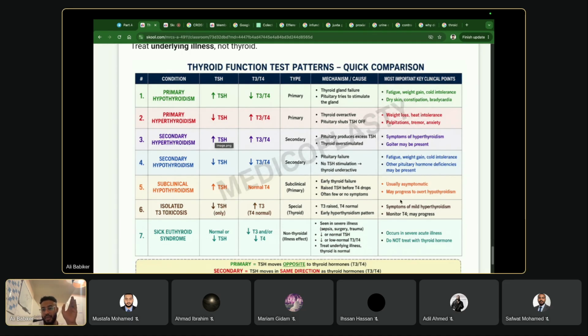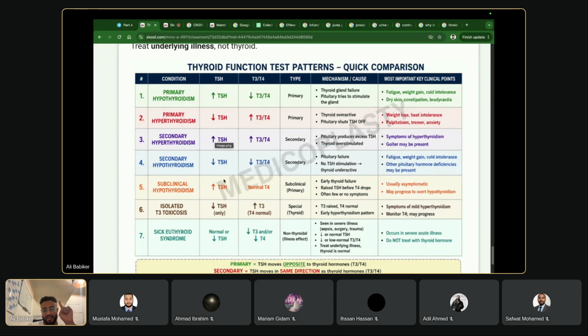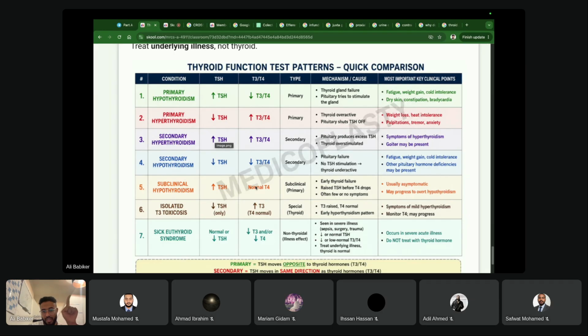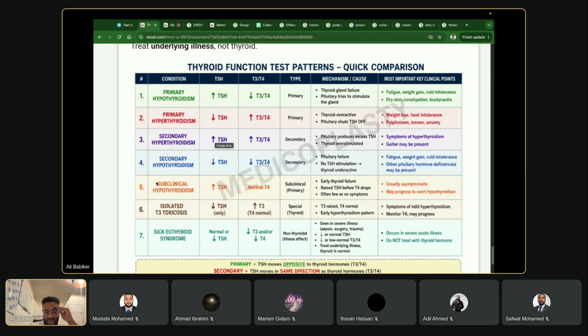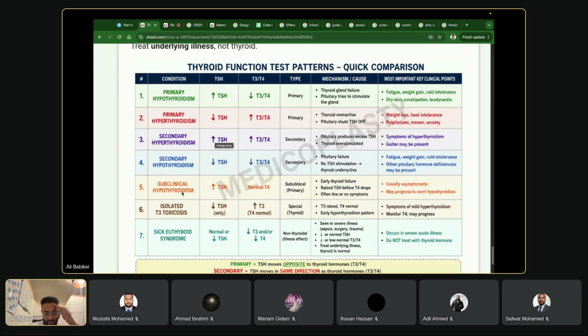Usually asymptomatic, may progress to overt hypothyroidism. That's why we call it subclinical, because your patient has no symptoms. So if you have high TSH and normal T4, you need to be careful. Subclinical hypothyroidism means it's not yet hypothyroidism.